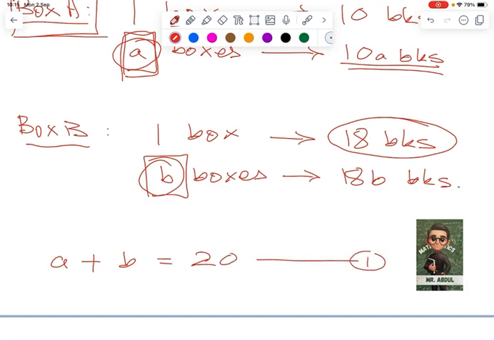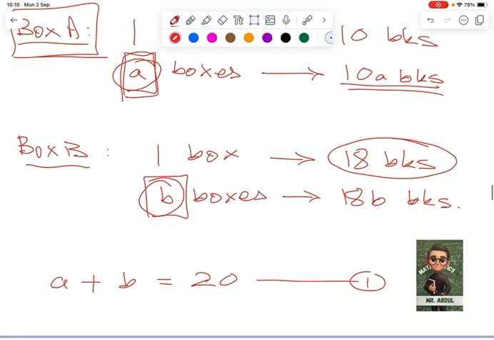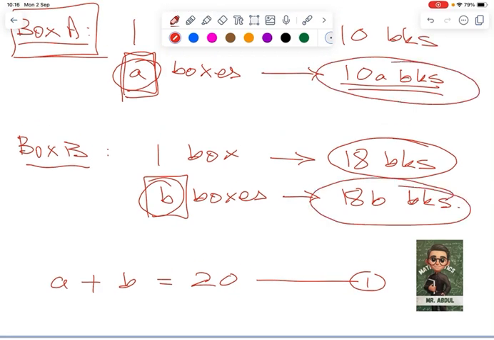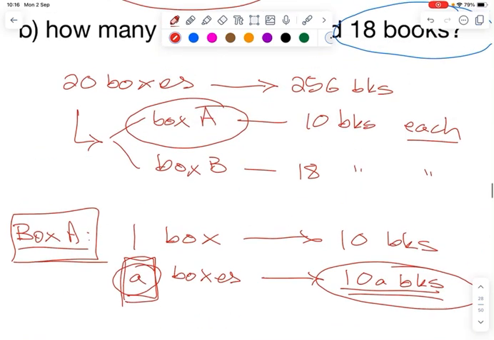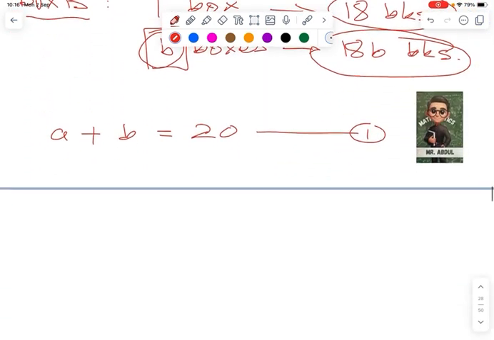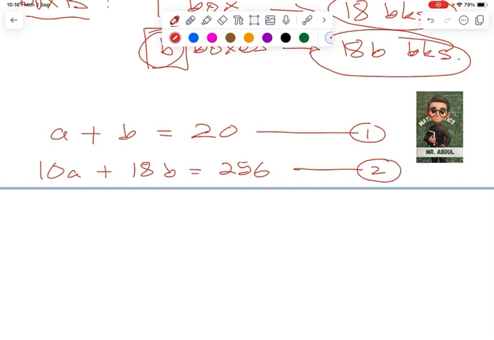And in terms of the total number of books, this is 10A plus 18B. If you add these two, you should get 256 books. That will give us your second equation, right? Your 10A plus 18B gives you 256 books, right? That will be my second equation.